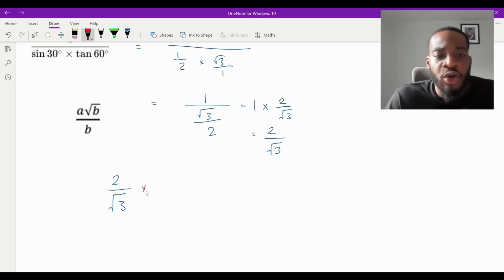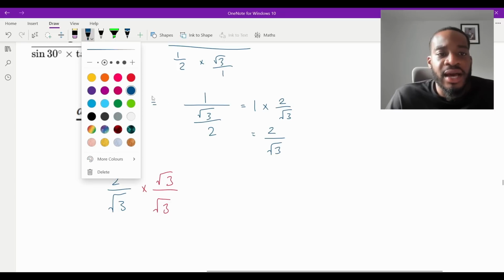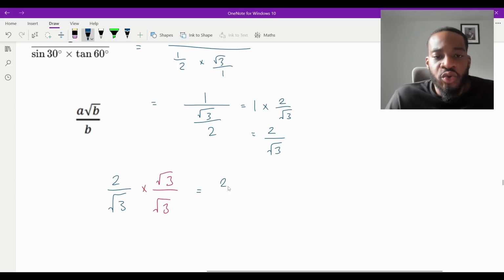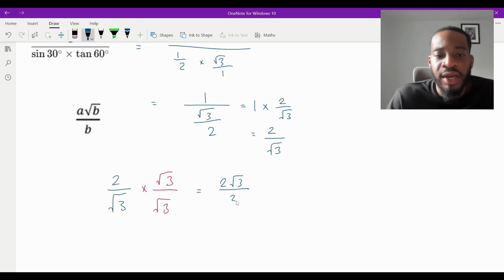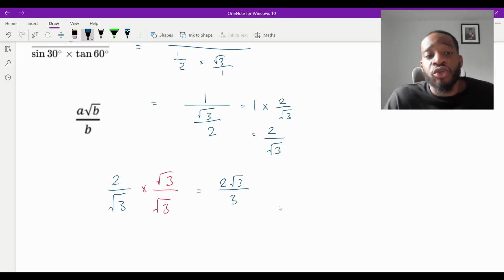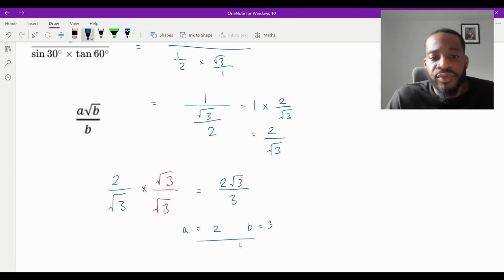Well, you're going to times top and bottom by the thing on the denominator, root 3 over root 3. And then doing that, that will equal 2 root 3 over, now remember your surd laws, root a times root a is just root a all squared, which is just a, right? So therefore root 3 times root 3 is just 3. So therefore your answer is 2 root 3 over 3. And you can see quite clearly a is going to equal 2 and b is going to equal 3.